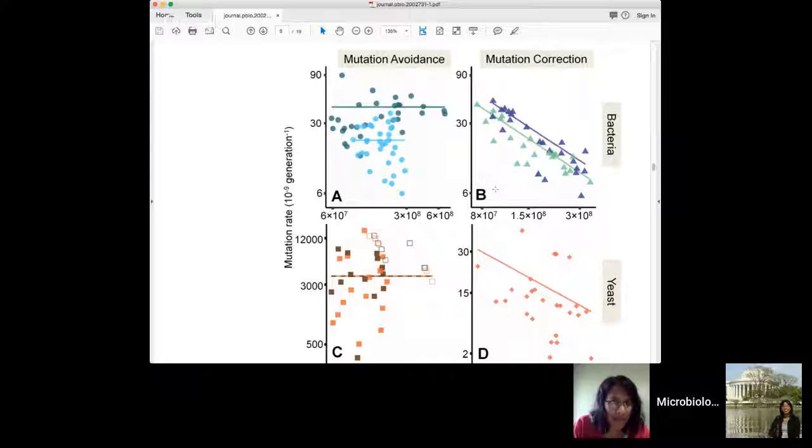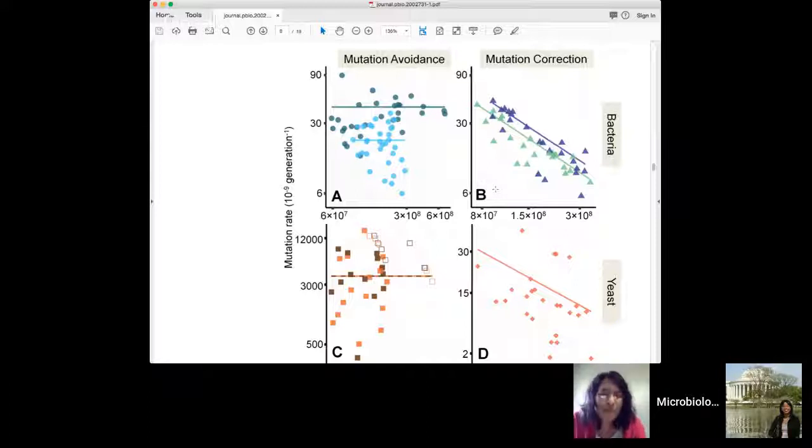So then what they did is they did knockouts of, at the top, what we're looking at the top two panels is, I think that's in just E. coli. So we're looking at the genes that are responsible for both those mechanisms. If they knock those genes out, do they still see DAMP? And so what they find is that if they knock out the genes that are associated with removing the mutagenic nucleotide from the free nucleotide pool, that's on the top left, the slope is now pretty much bang on at 0.